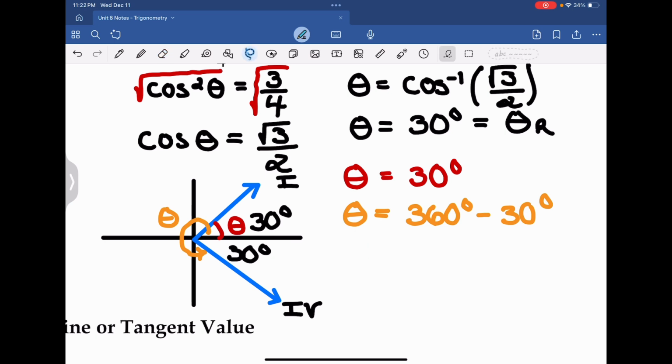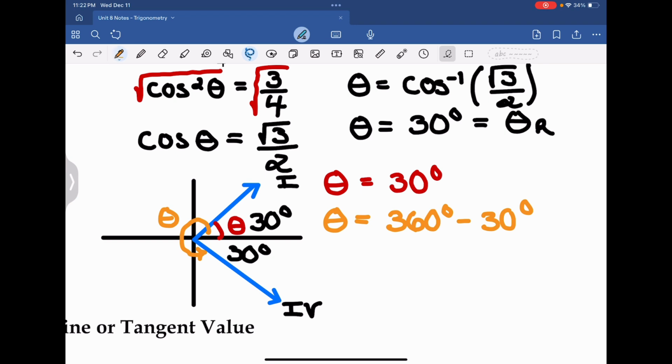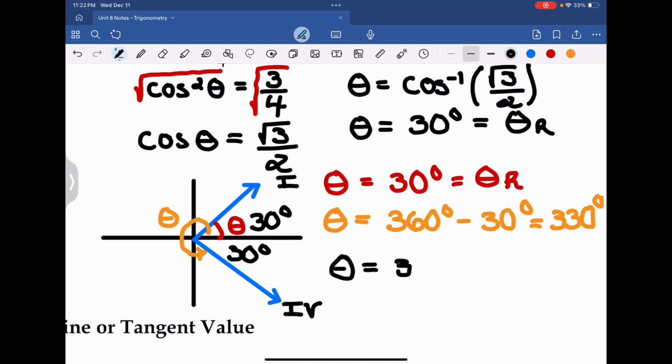I'm going to condense it all together here, just like we did in the previous problem. We're going to move this one over like this, and I'm even going to add this detail: this is equal to the reference. And then our angle down here is going to be 330 degrees.